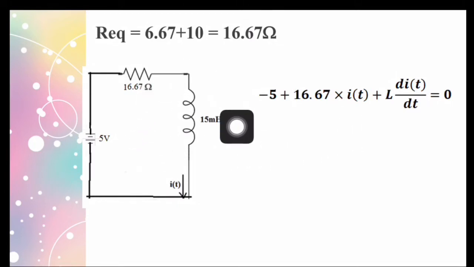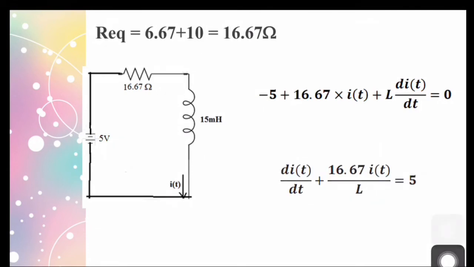Finally, the voltage drop across this 15 millihenry inductor, and it is represented as L into di of t by dt. Finally, we get KVL equation as minus 5 plus 16.67 into i of t plus L into di of t by dt is equal to 0. By rearranging this, we get di of t by dt plus 16.67 by L into i of t is equal to 5. It's a first order differential equation with the constant coefficients. We have to solve this equation to obtain the expression of i of t.